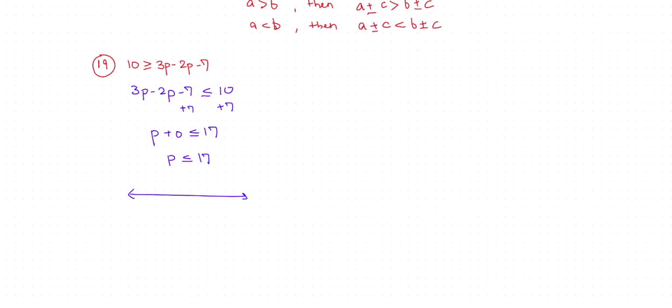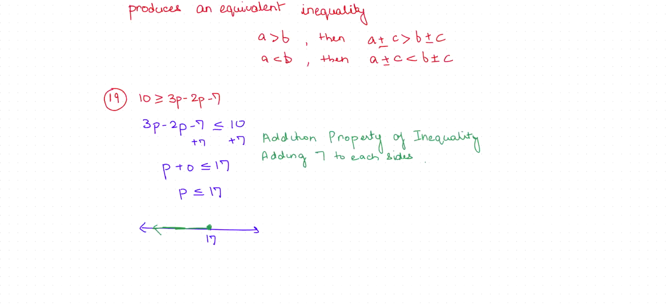Because it has an equal to sign, we will have a closed circle. 17 is also included and this is less than, so it will go like this. So we used the addition property of inequality here and we added 7 to each side.